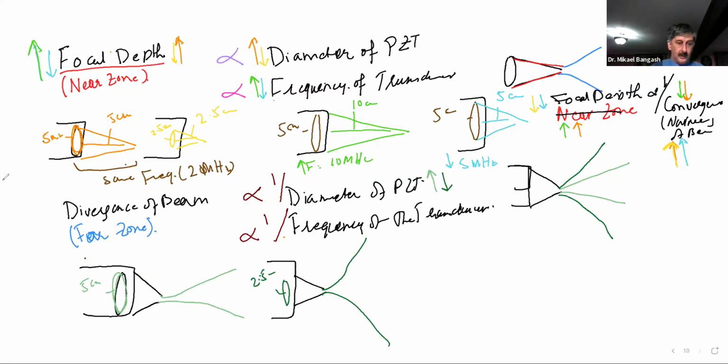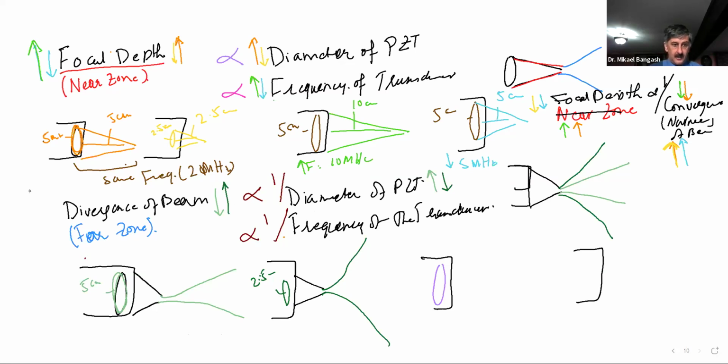Now the same may apply for your frequencies. And please keep in mind that it was the diameters of the PCTs that we talked about: a greater PCT, lesser divergence; a smaller PCT, greater divergence.